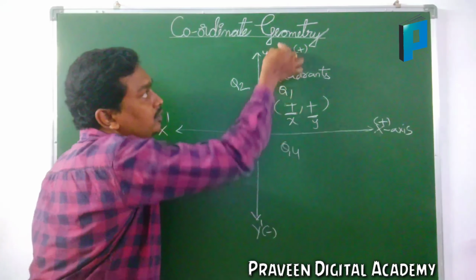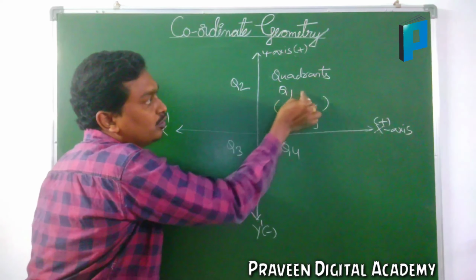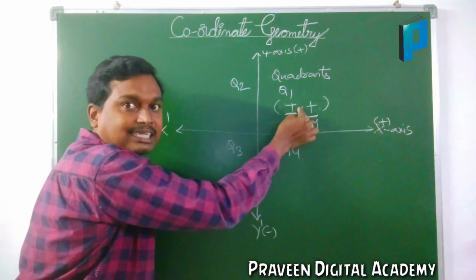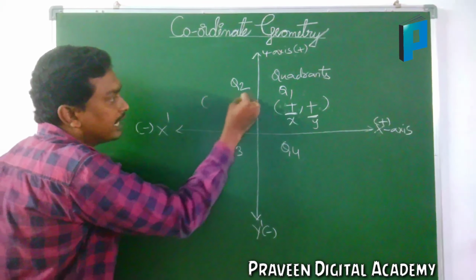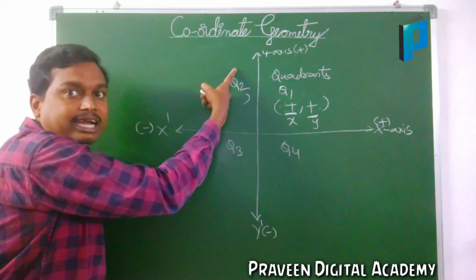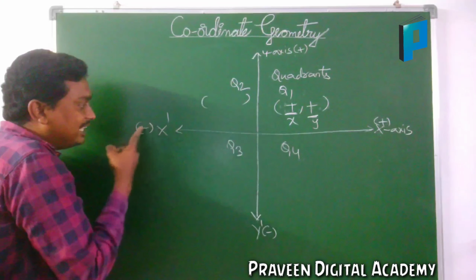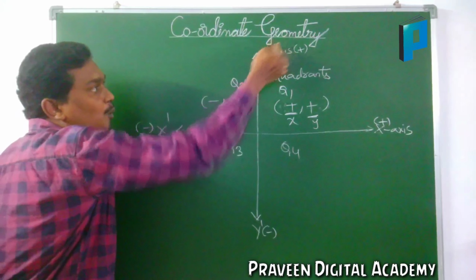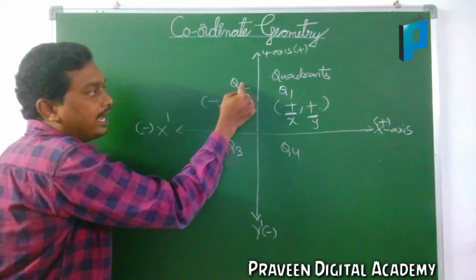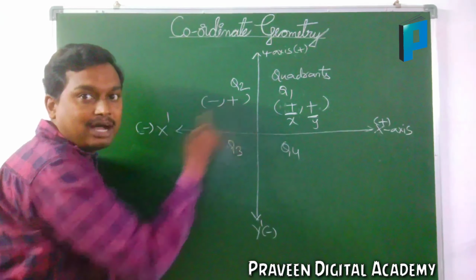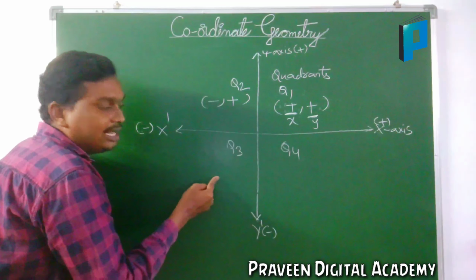Here x is positive and y is positive, so Q1 is plus comma plus. Coming to the second quadrant, x is negative and y is positive, so the second quadrant is minus comma plus. And here the third quadrant.